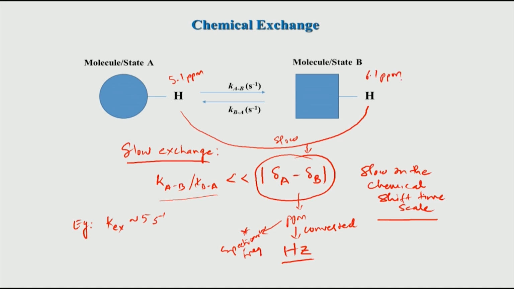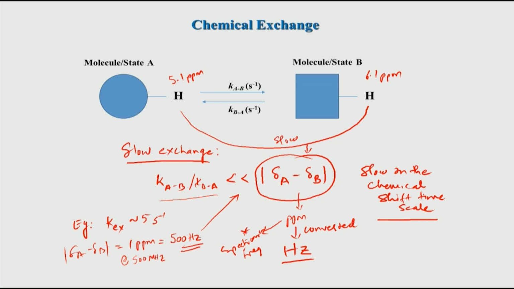Now what is the difference? The delta A minus delta B, if you take the modulus, is 1 ppm, which, if we are doing this at a 500 megahertz spectrometer, will be 500 hertz. Now you can see this satisfies the condition, because 5 per second is definitely much smaller than 500 hertz.